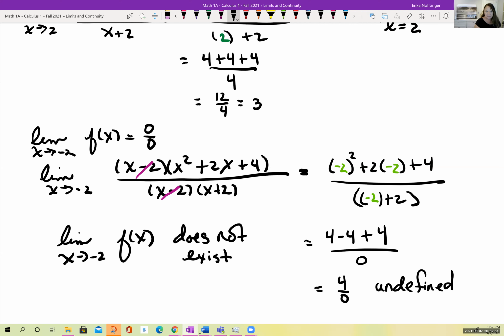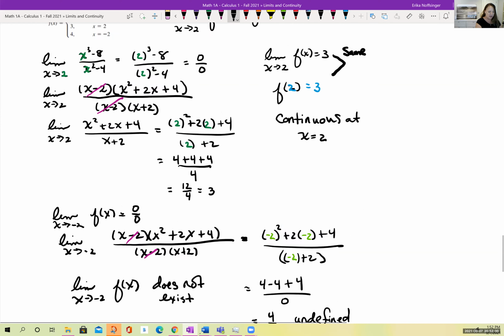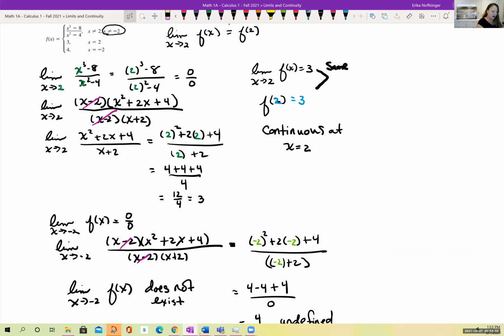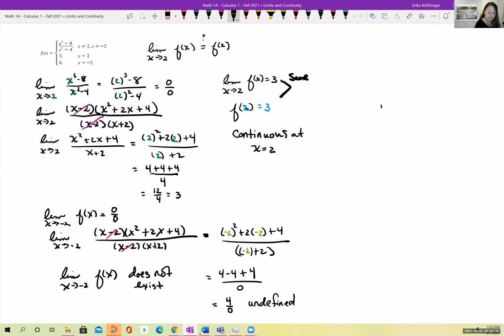So if the limit doesn't exist, then it can't be continuous at x equals -2. And so the only problem spots we were going to have were where our equations changed. And that was going to be at x equals 2 and x equals -2. And so this is going to be continuous everywhere except for x equals -2.